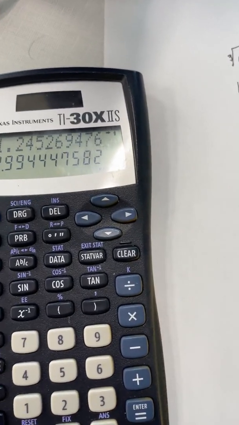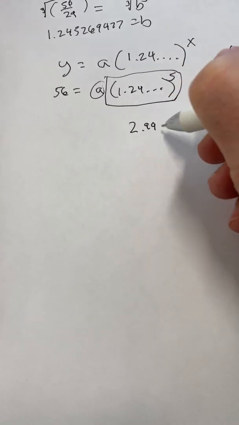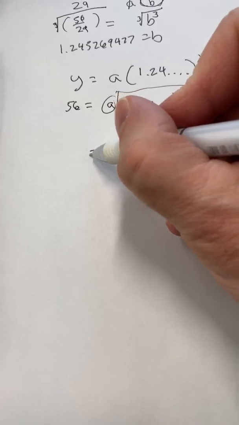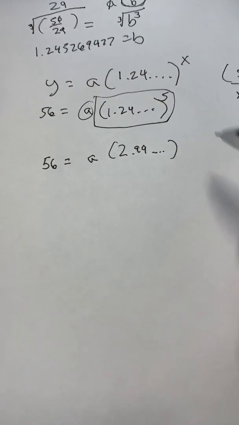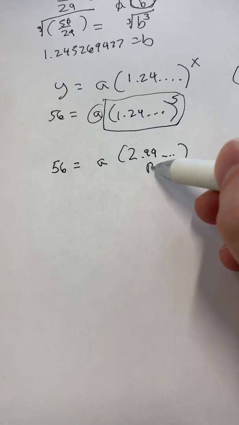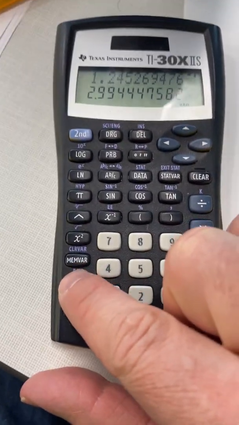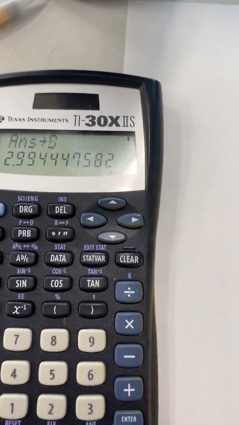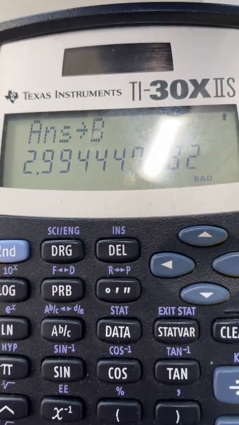You don't want to cut those off. So I'm going to say that this is 2.99, all those decimals, times a equals 56. But now what I want to do is I probably want to store this in my calculator as b. So I'm going to hit stow, and I'm going to move over to b and hit enter. So my answer has been stored as b.